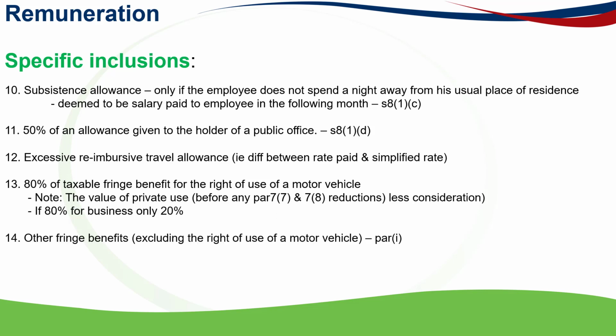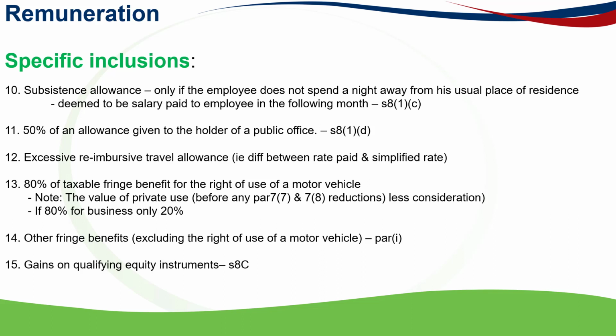The 14th specific inclusion is any other type of fringe benefit excluding right of use of a motor vehicle, because we have already accounted for that in the 13th specific inclusion. So it's any other thing like your right of use of an asset, for example.